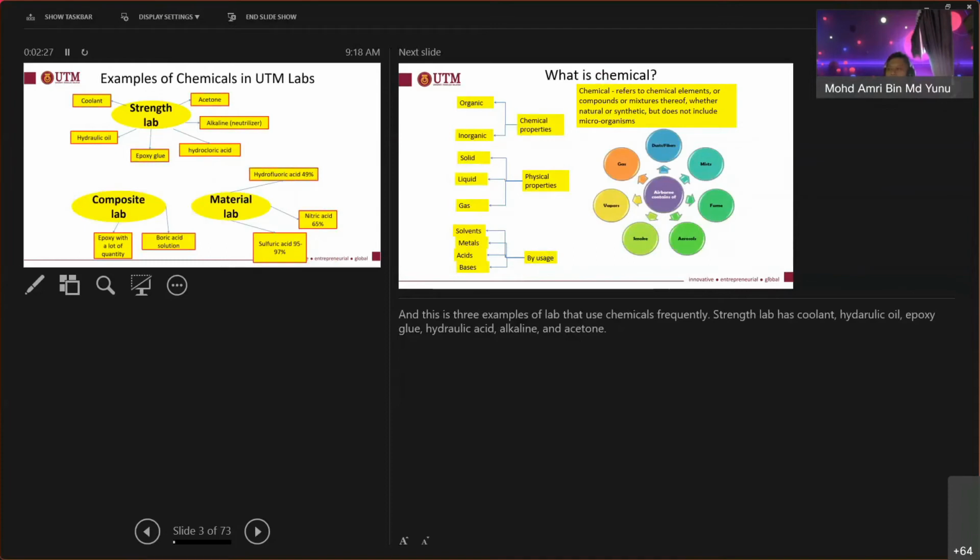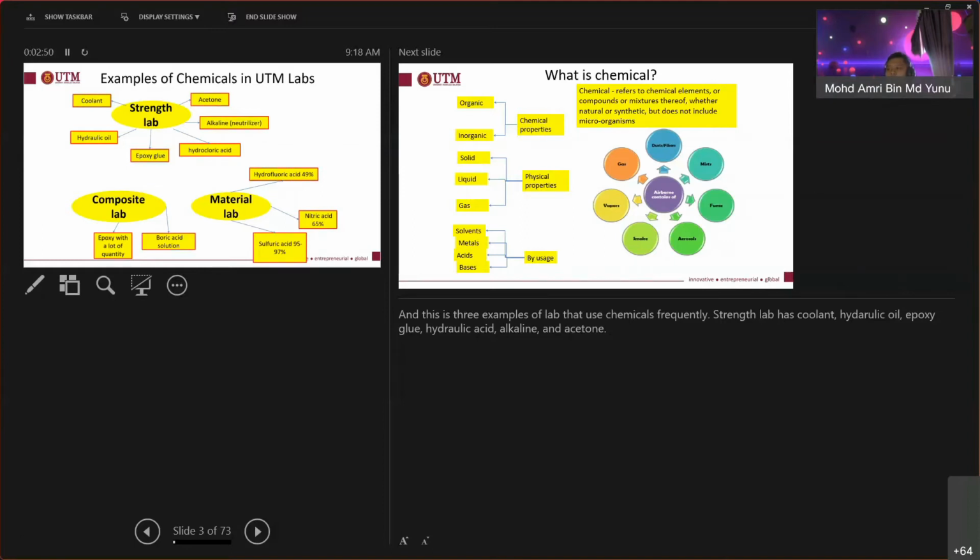So these are three examples of labs that use chemicals frequently. I think this example was given because this slide was made by mechanical, and I appreciate that.